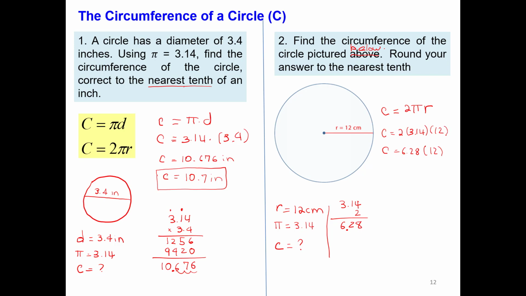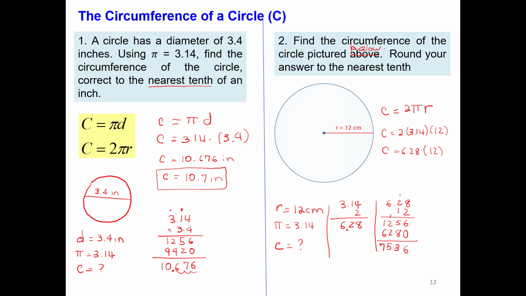Okay. Now we need to multiply 6.28 times 12. 2 times 8 is 16. 2 times 2 is 4 plus 1, we carry the 1, is 5. 2 times 6 is 12. 1 times 8 is 8. 1 times 2 is 2. 1 times 6 is 6. 6, 13, carry 1, 5, 7.